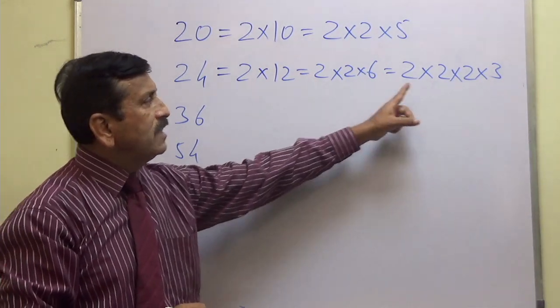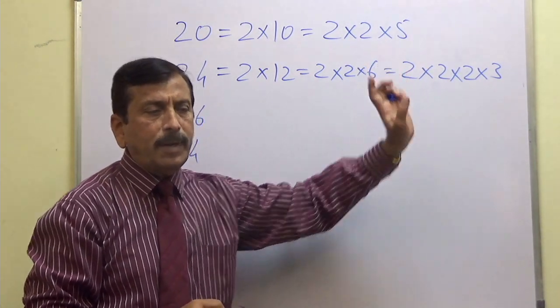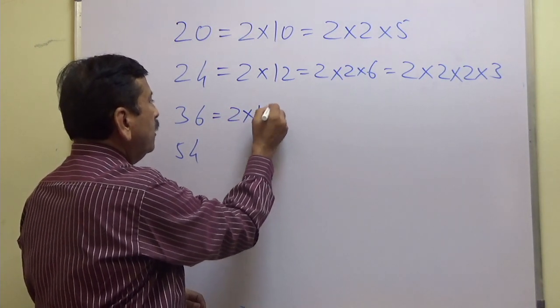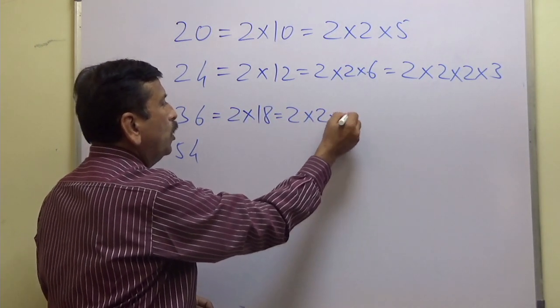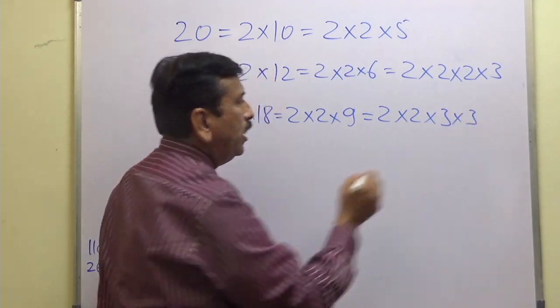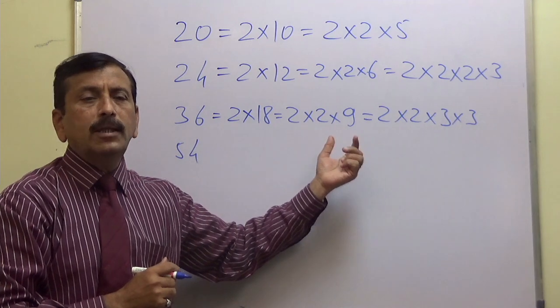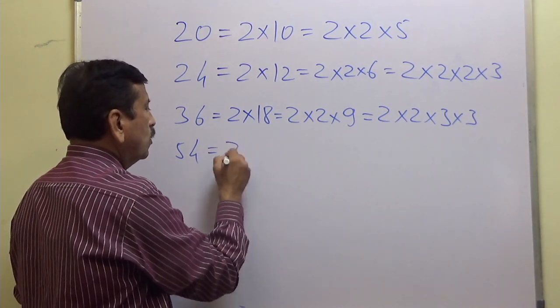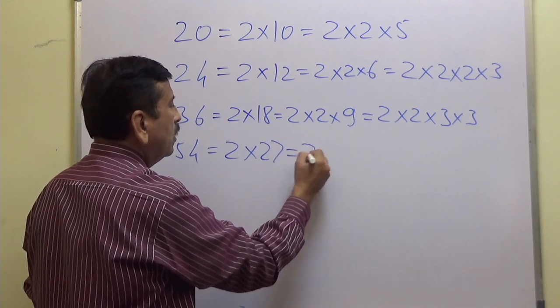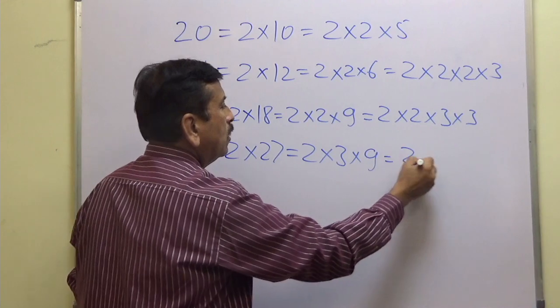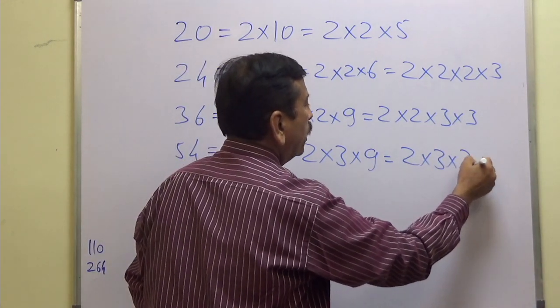Then 36 is 2 into 18, 2 into 2 into 9, 2 into 2 into 3 into 3. We find all the prime factors of the number. Now for 54, 2 into 27, 2 into 3 into 9, 2 into 3 into 3 into 3.